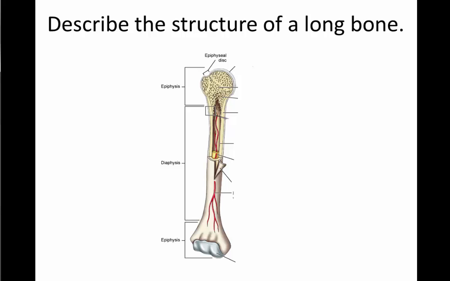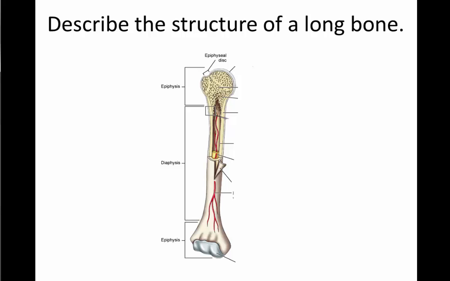And then within the epiphyses, we have epiphyseal discs. If we were to take the cross section as we have here of the long bone, we can see two lines that are in the epiphyses that are actually fairly solid bone, compact bone, which we'll look at in a minute here. And this is actually the region where that long bone grew as we developed from a young child into an adult.